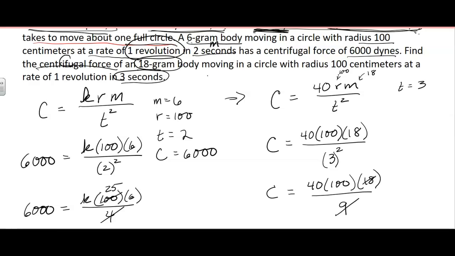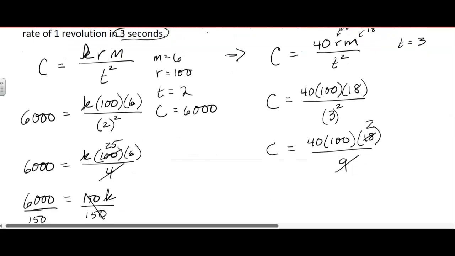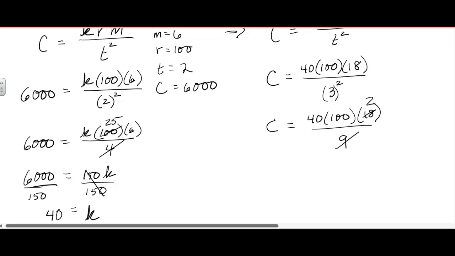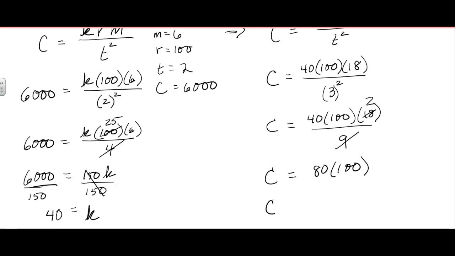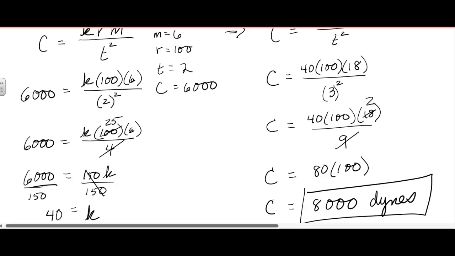And then 9 goes into 18 two times. So if I think about it, 2 times 40 is 80, and 80 times 100. So I'm going to say C is 8,000 dynes. And then I can also check that with a calculator.